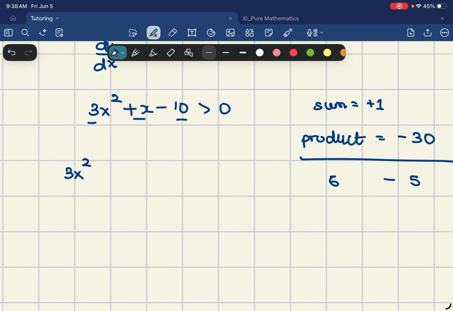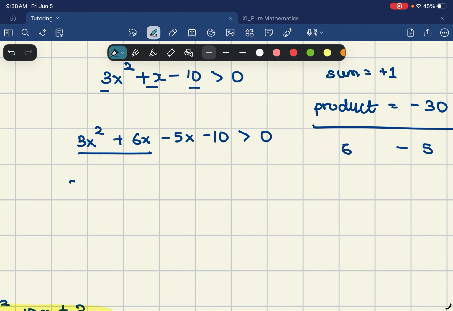So I can write my middle term as plus 6x minus 5x minus 10 bigger than 0, right? Remember, if I simplify this, I get plus x. Now from these two terms, I can factor out a 3x, and I get x plus 2. And from my second two terms as well, I need to factor out a negative 5.